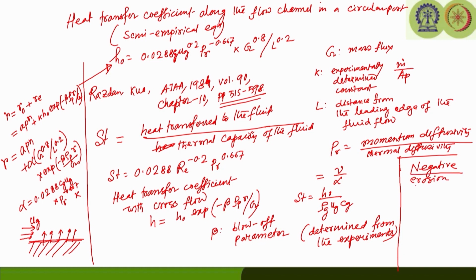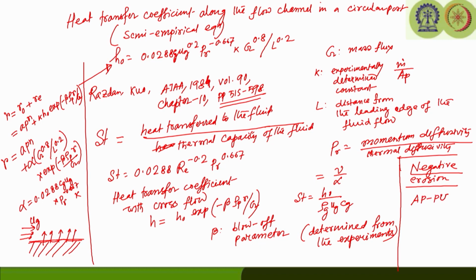Can there be some composition of propellant combination and a particular chamber pressure scenario when negative erosion is going to take place, or rather the burning rate starts to decrease? It is going to reveal that there are some situations for propellant combinations like AP and polyurethane.